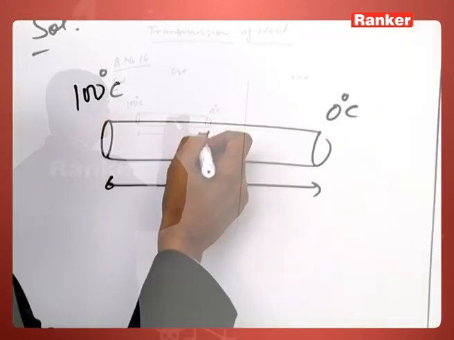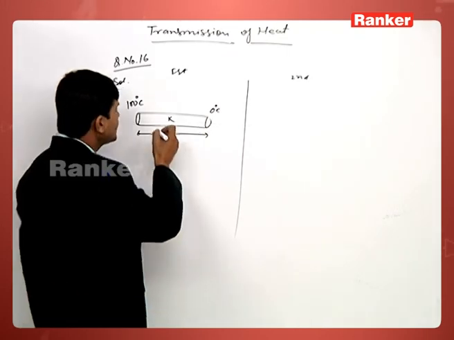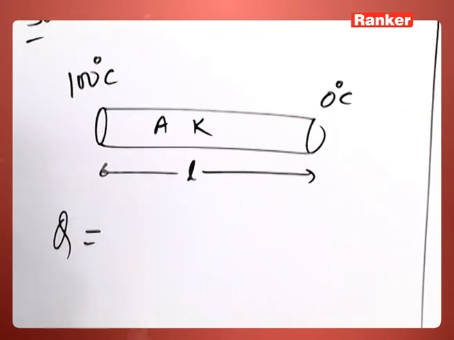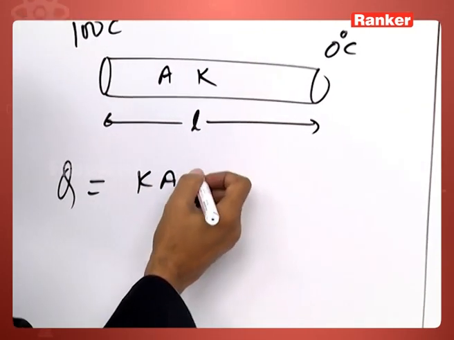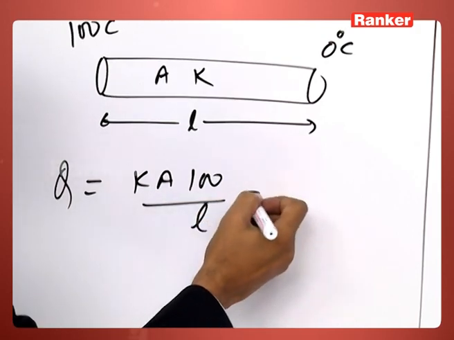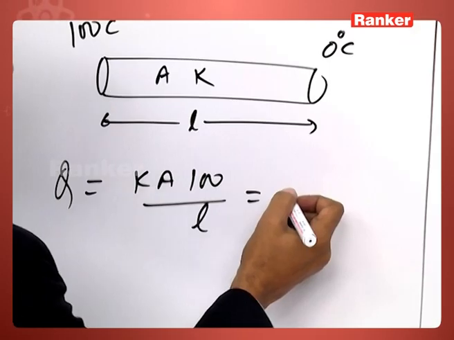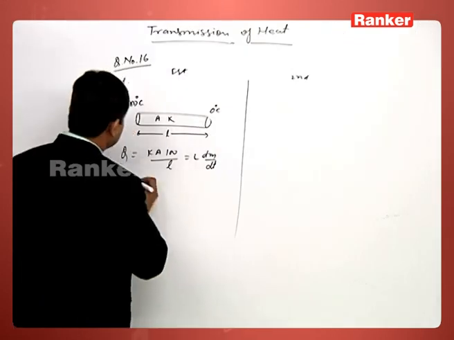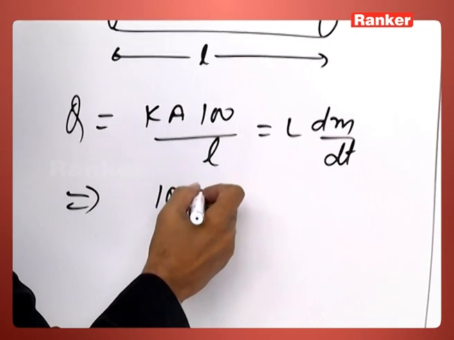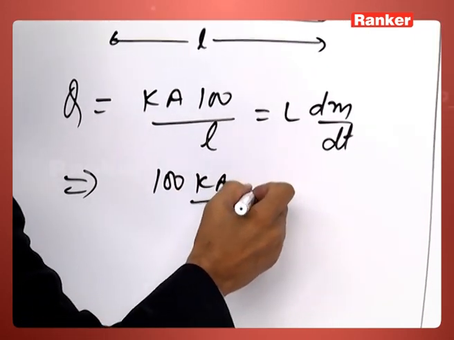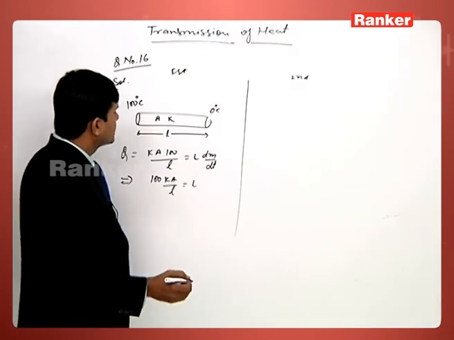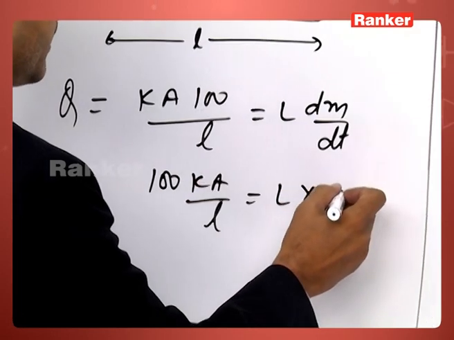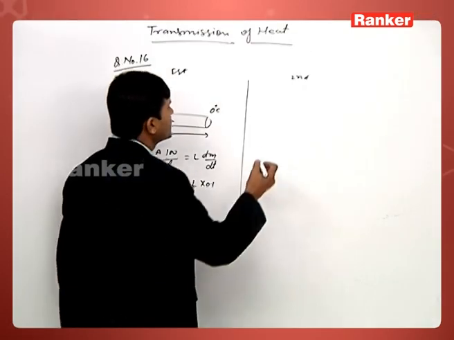Thermal conductivity of this rod is let K, area is A. The rate of heat flow Q is equal to K A into 100 by L, which is L into dm by dt. So 100 K A by L equals L, latent heat, into dm by dt, which is given here as 0.1 gram.